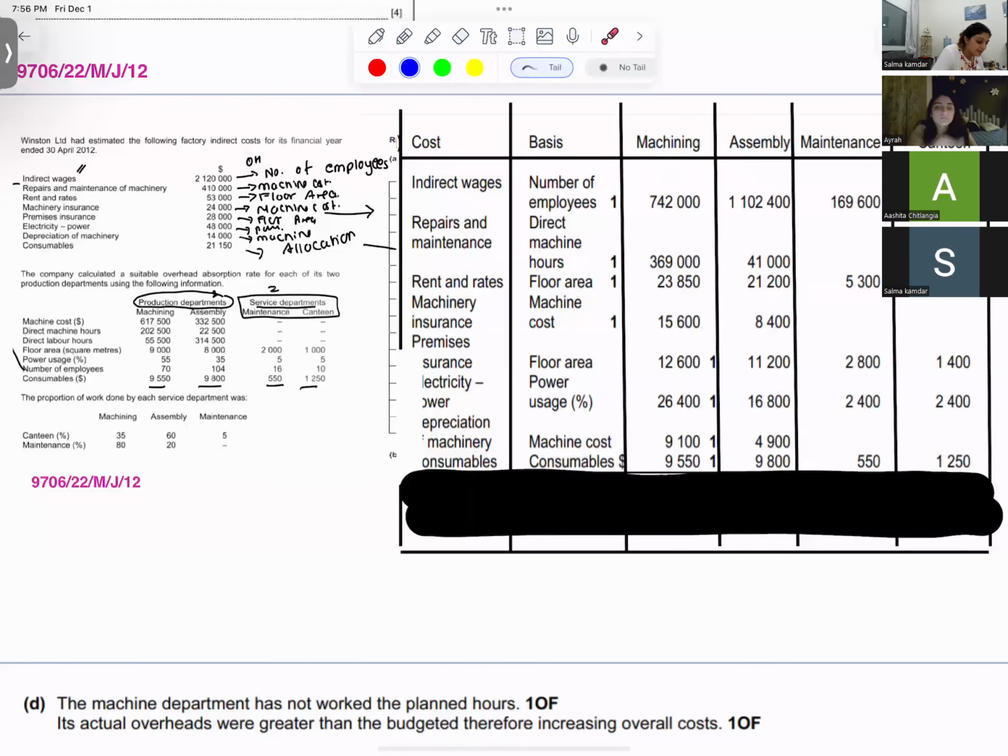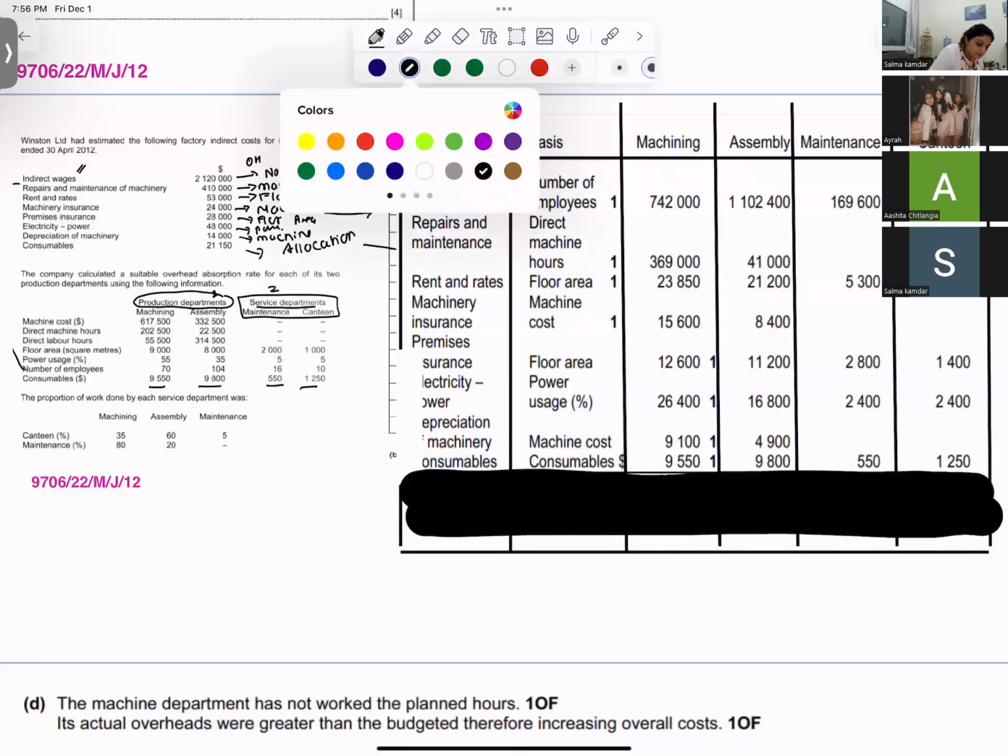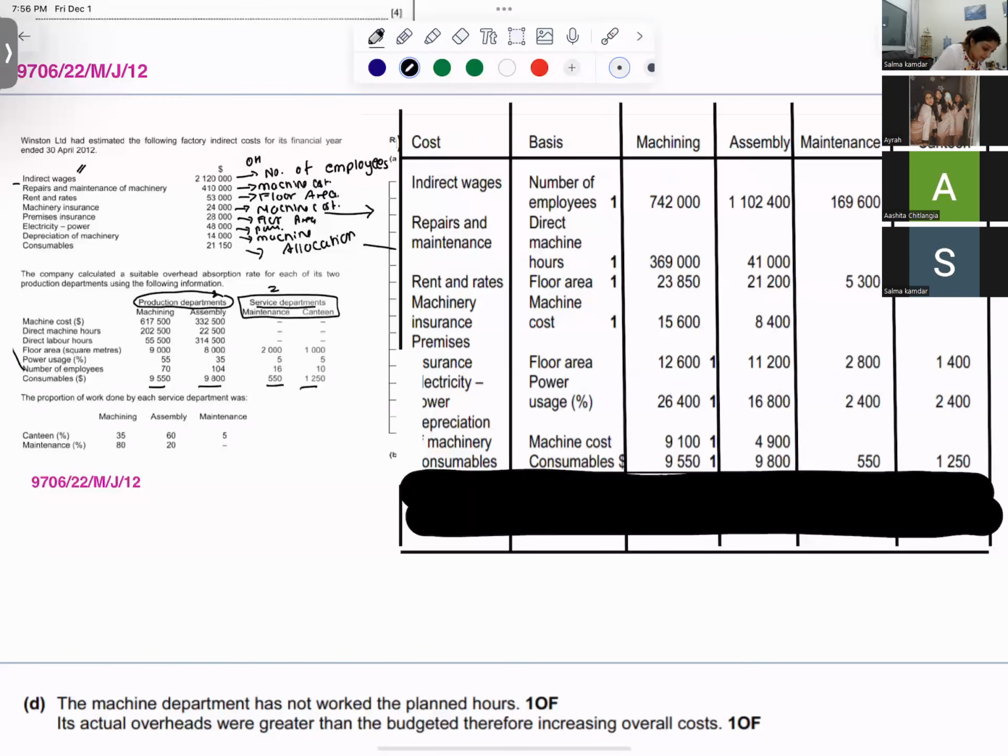This is 20,000 and it has to be distributed on the basis of number of employees. So if you see, your total number of employees is how much? You'll add all of them. The number of employees is 70 plus 104 plus 16 plus 10.